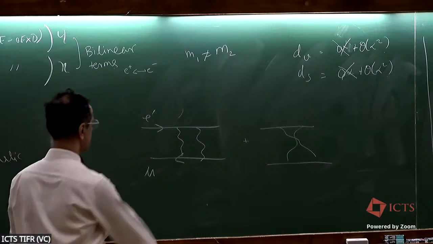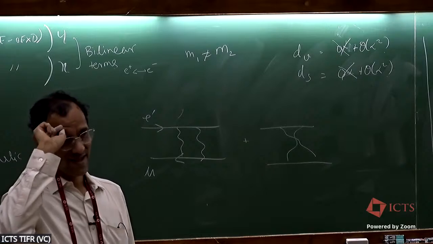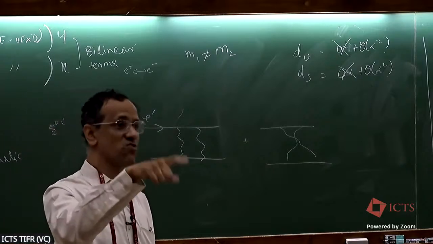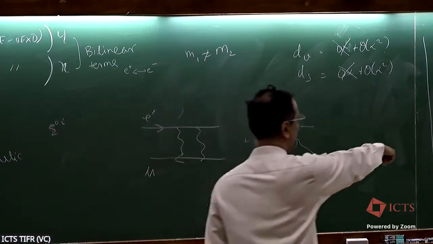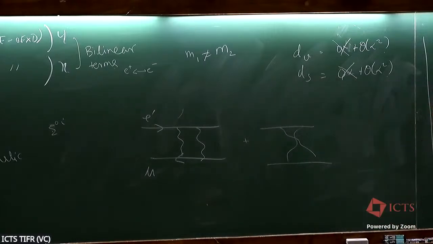The T channel is this one, S channel. No, because they are not identical particles. It's e plus e minus, but you have T channel processes in both, and you have additional S channel processes.